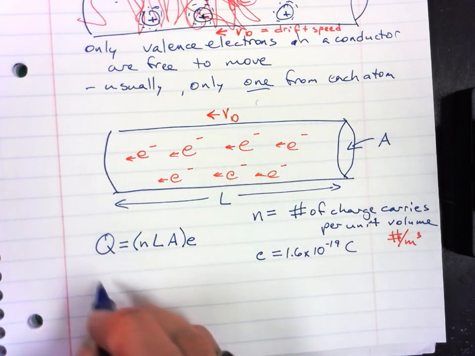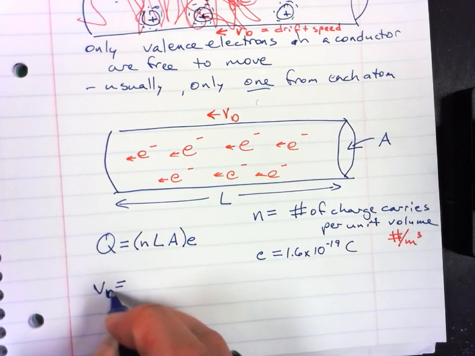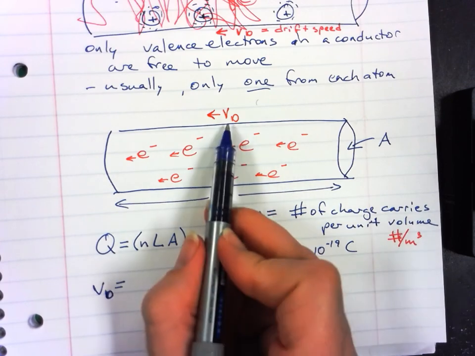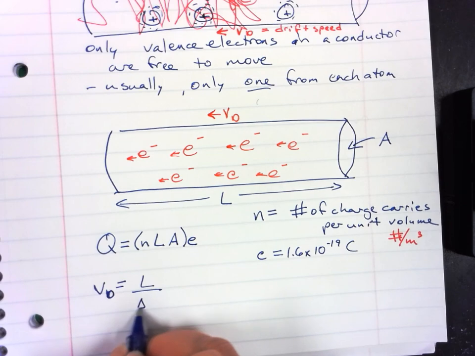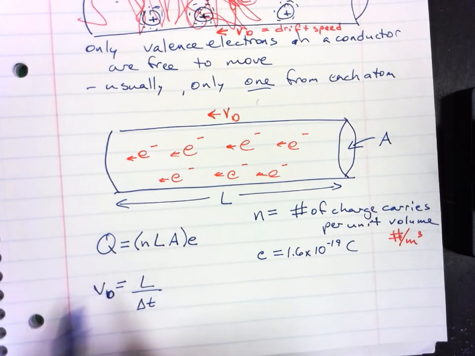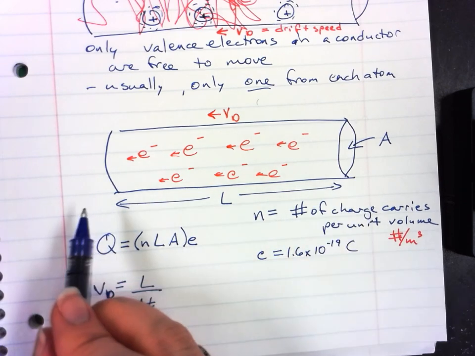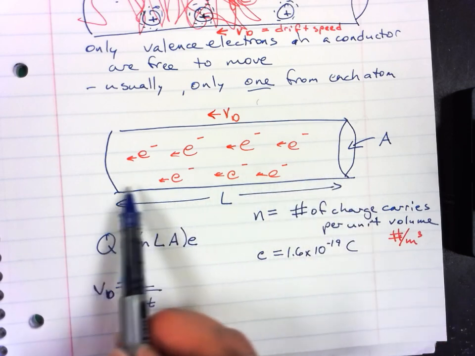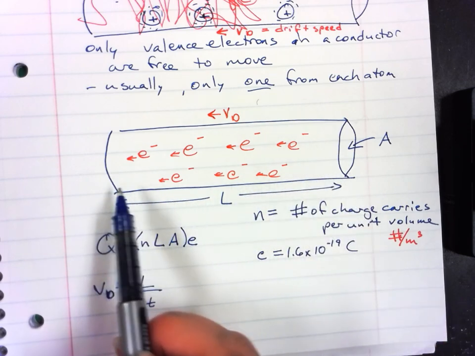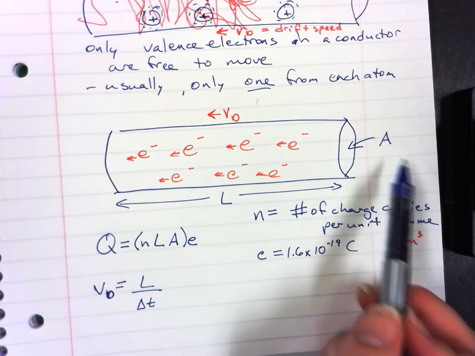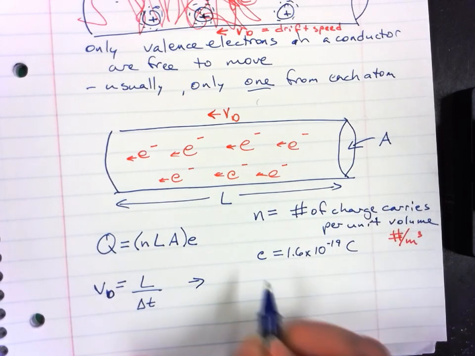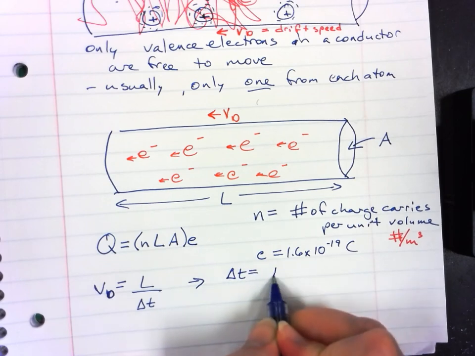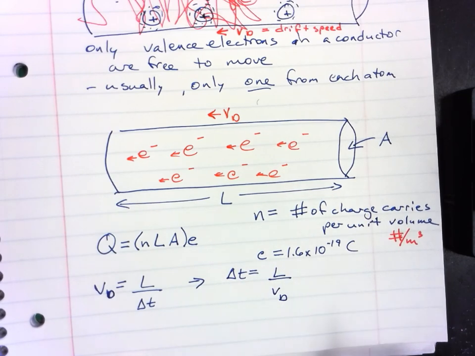So if we go way back to the beginning of the course, one way to measure that drift velocity is the length of this section divided by the time it takes these charges to pass through this volume. Because however much time it takes them to pass through this, that's how many are going to leave and how many are going to come back in. So we can rearrange this. Delta T equals L over drift velocity.